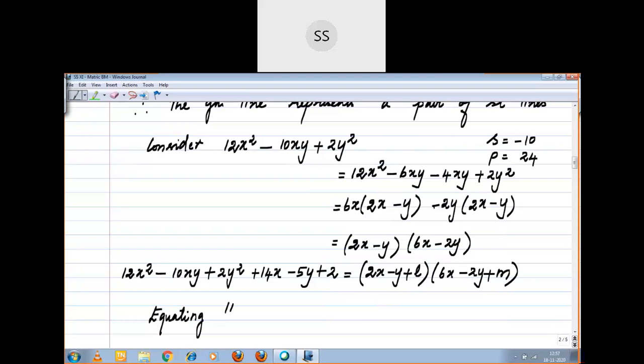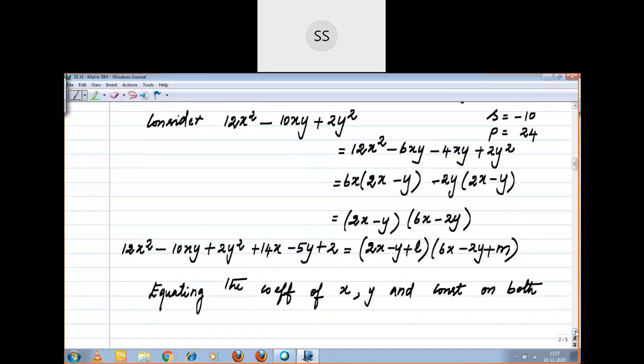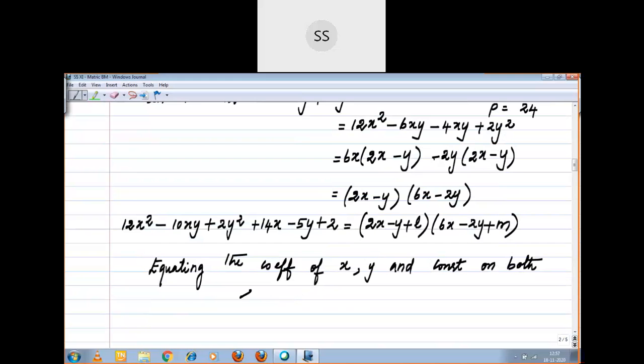Now you are going to equate the coefficient of x, coefficient of y and the constant on both the sides.